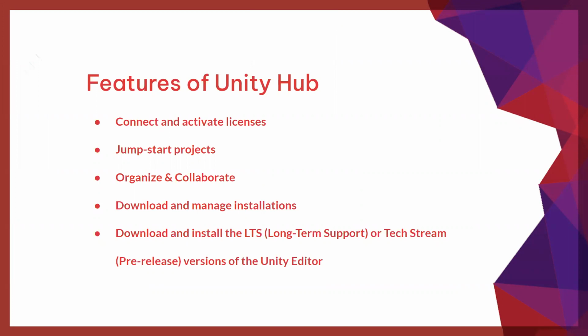And you're going to organize, collaborate. There's Unity Collaborate. No one uses Unity Collaborate, but it's just there. You're going to manage your installations of the Unity versions and your modules and all that. And then you're going to download different versions of the Unity editor, right? We're going to download a specific version today. I'll talk more about what these LTS and TextStream means, but I do want to make sure before we continue that everyone has Unity Hub downloaded.